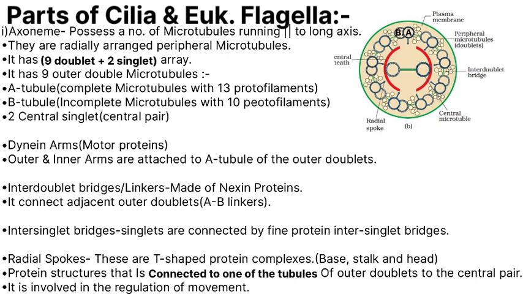If we look at their arrangement, suppose there is one radial spoke per outer doublet, and we have 9 outer doublets, so there must be a total of 9 radial spokes, one attached to each doublet.